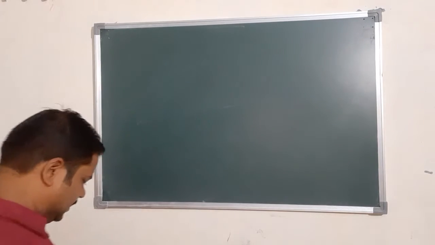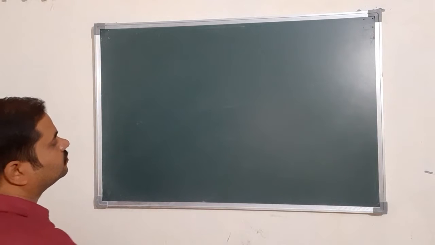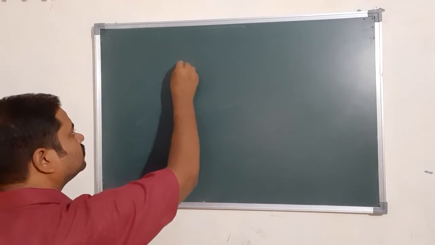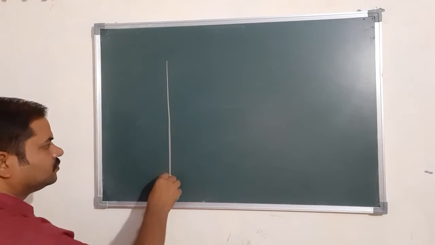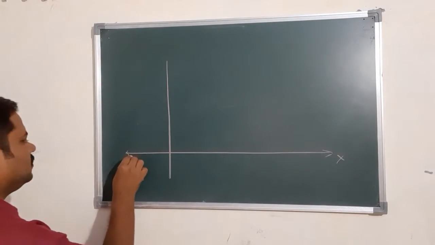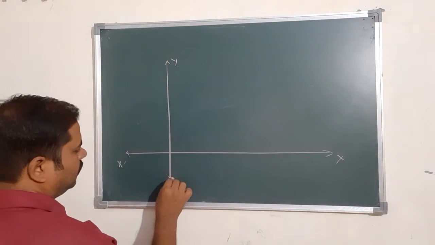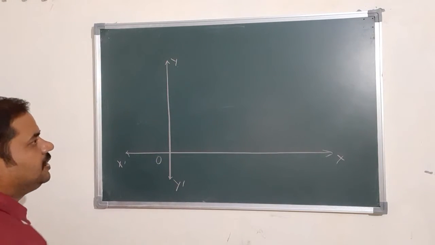Suppose this is the line segment AB. X', Y', this is the origin.